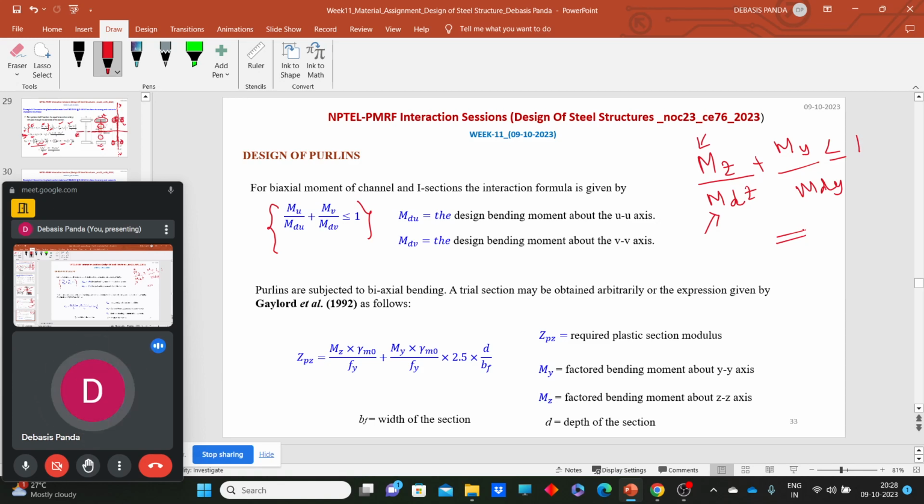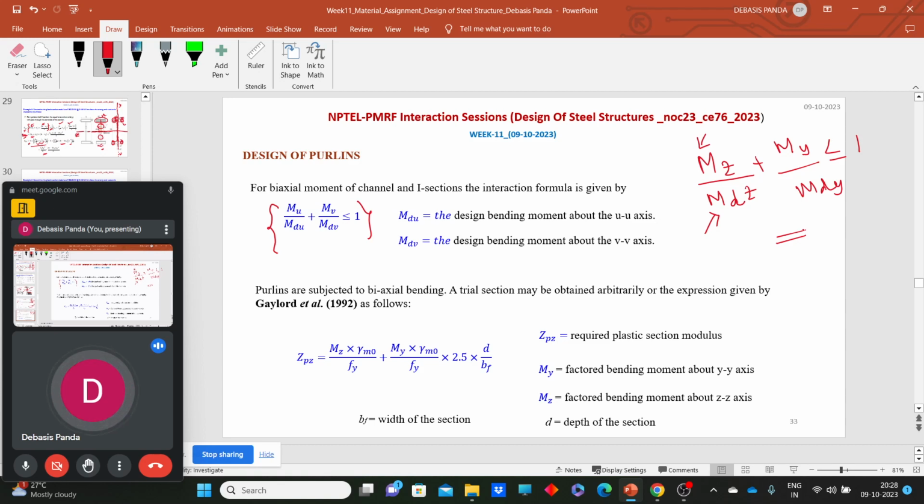The next stage, we need to calculate the required sectional modulus, because we need to select the section. Now, what should be the criterion for selection? For laterally supported and unsupported beams, we have seen that the selection of the section depends on Mz, because only one moment is there, but here biaxial bending is coming.